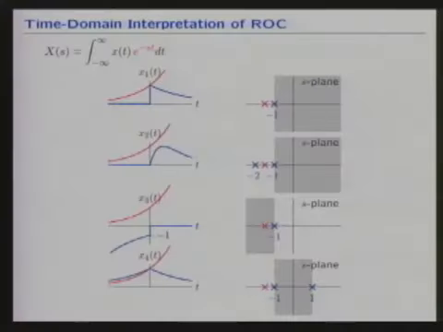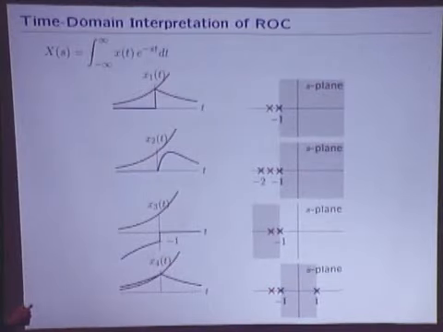If I make an even bigger pole, so say I put the e to the st at minus 1.5, then that is fast enough that it breaks the product. The product is no longer integrable. So this divergent trend is enough to make that diverge. I'm not in the region anymore.